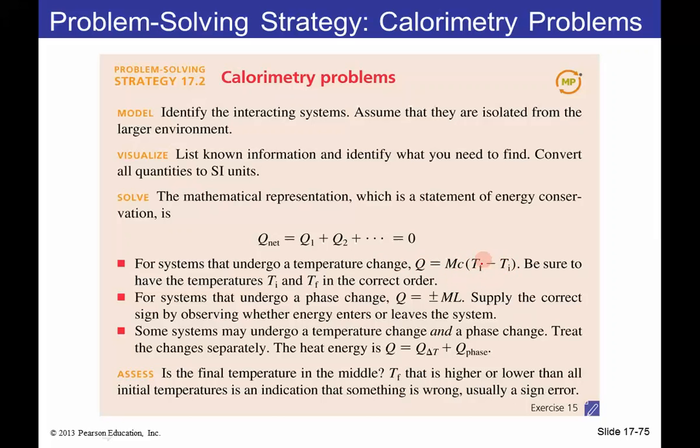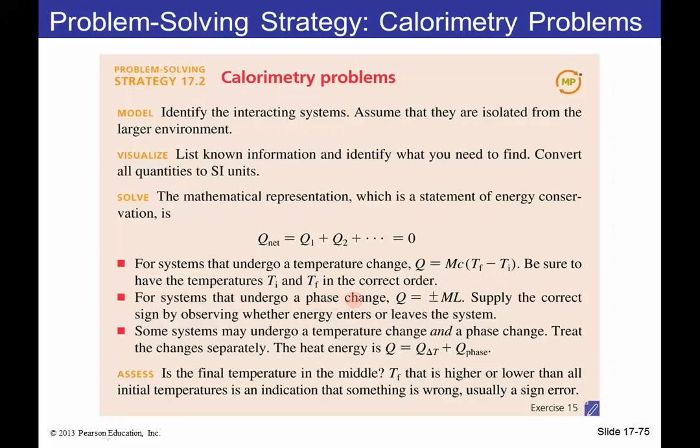And this could be positive or negative. If this is positive, that means heat is leaving the system. If this is negative, heat is entering the system. Be sure to have the temperatures Ti and Tf in the correct order. That's very important. This is what's going to give you whether the heat is leaving or entering the system.